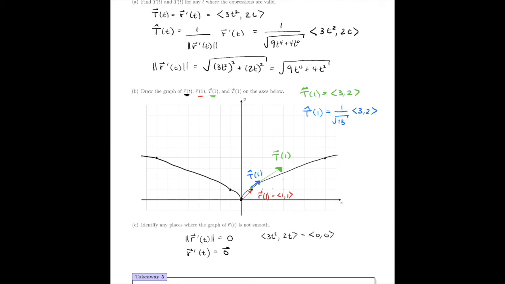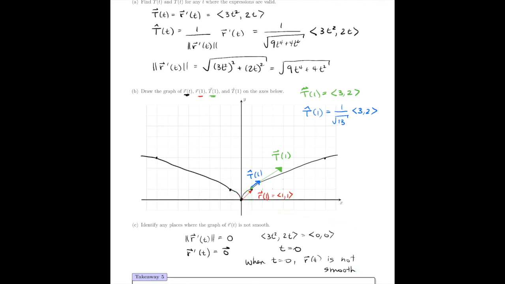And the only t value that will do that for us is when t is equal to 0. So when t is equal to 0, the graph of r of t is not smooth. And if we look on the graph up in part B, we see exactly what that point looks like. The point that is not smooth is exactly the cuspy point at the origin.